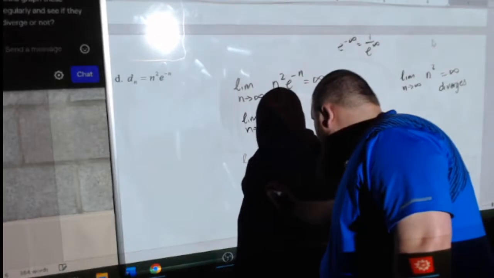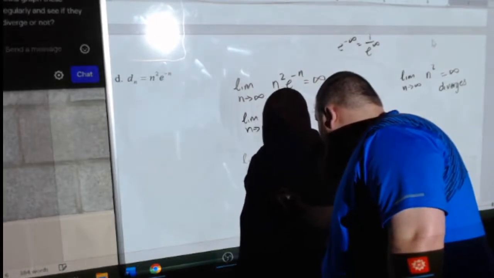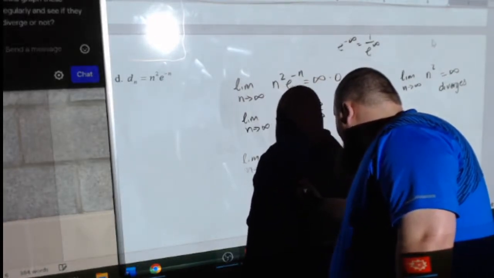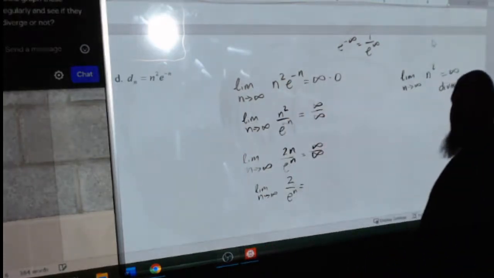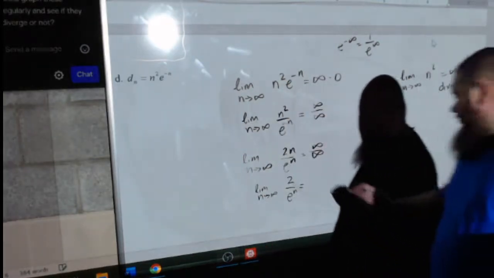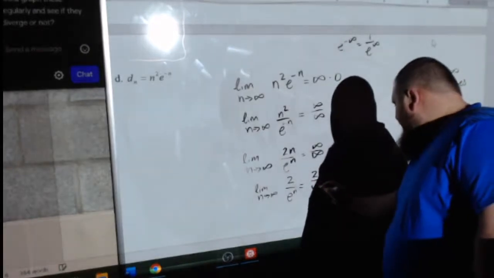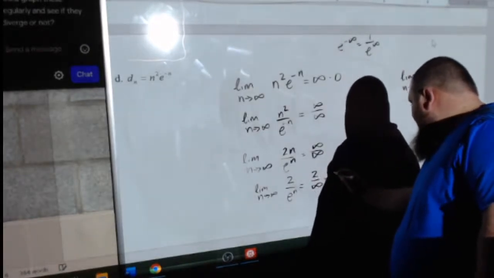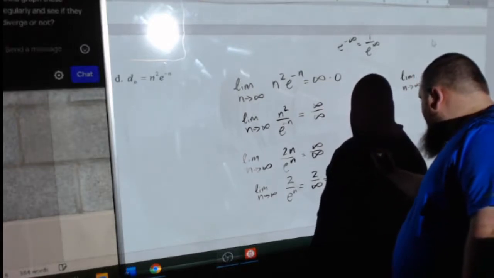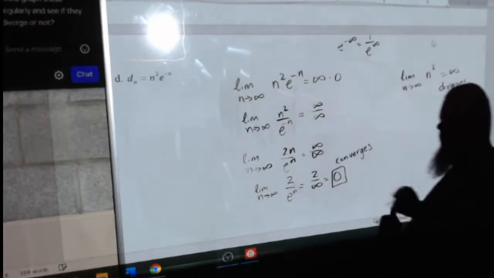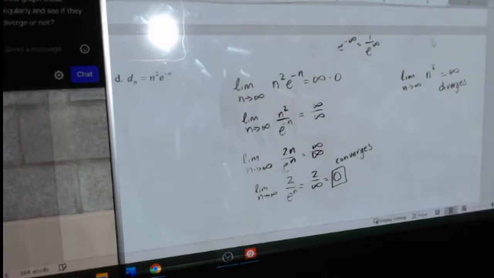So the limit as n approaches infinity becomes 2 over e to the n. If I plug in there, I get 2 over infinity, and oh again, I get 0. So this one converges to 0.